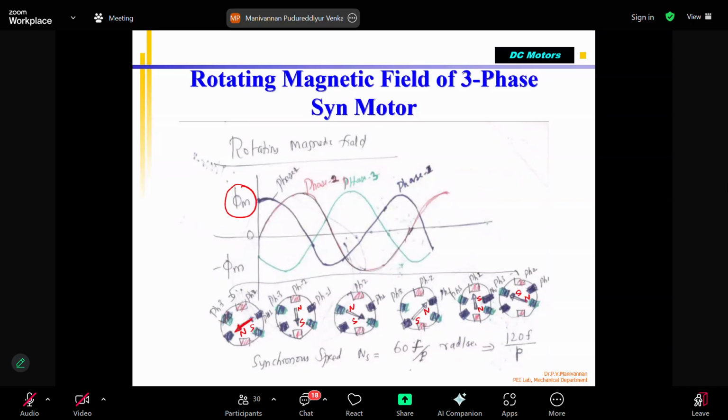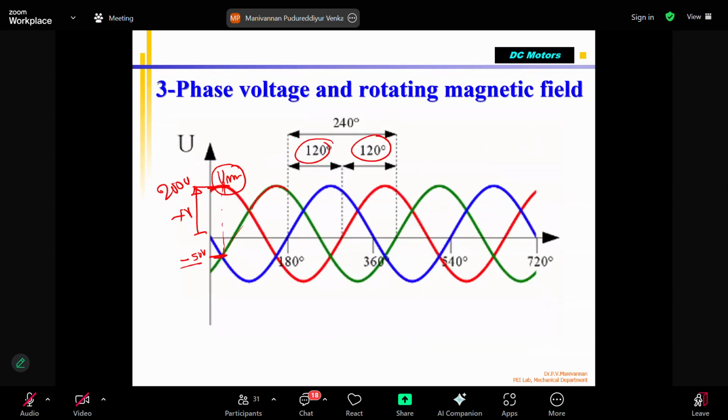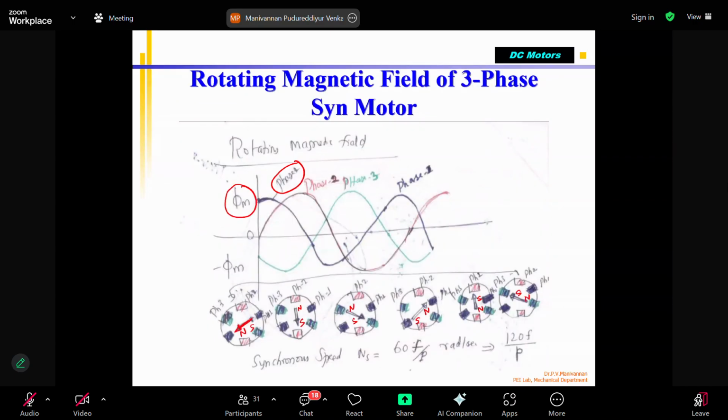As I told you, at a given time, for example, take phase 1, correct? Phase 1 is what I have shown in blue color. It looks a little dull, like black, but it is the blue phase. The blue phase is peaking. In the previous time diagram I showed R first, but it can be anything, because you can start with any phase: phase 1, phase 2, phase 3.